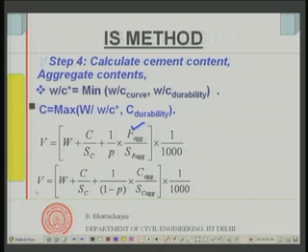Similarly, I can have an expression for coarse aggregate as well. The only thing I have to do is express this portion of the total volume of aggregate in terms of the coarse aggregate volume, because this is the mass of the coarse aggregate and this is the specific gravity of the coarse aggregate. So, that is the volume occupied by coarse aggregate, and 1 minus P, the percentage not occupied by the fine aggregate, gives the volume occupied by coarse aggregate.